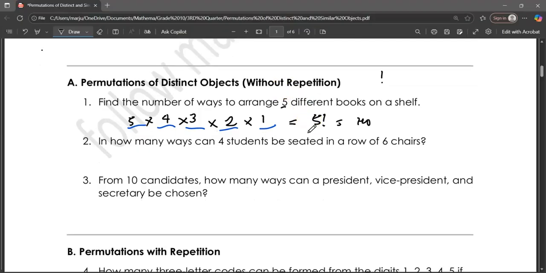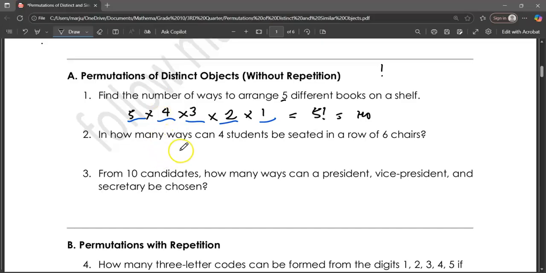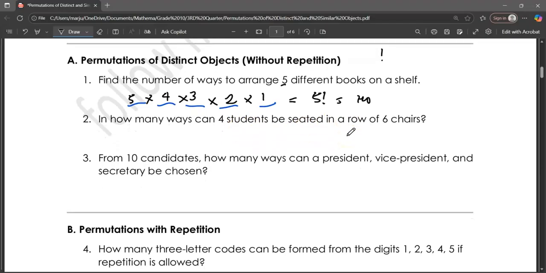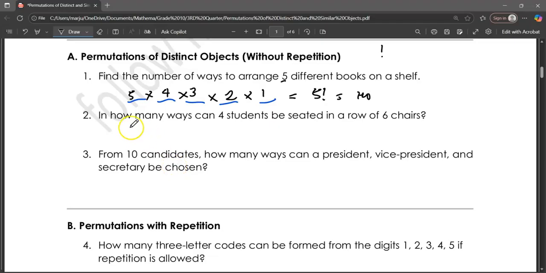Number 2. In how many ways can 4 students be seated in a row of 6 chairs? Meaning we are doing 6 permutation 4. We're choosing 4 from 6.